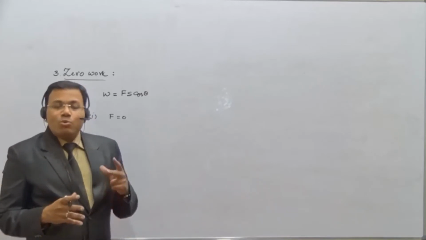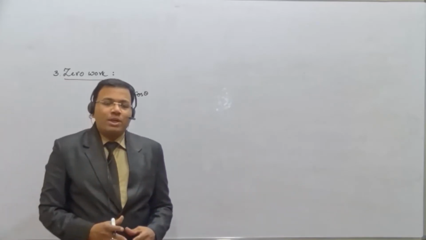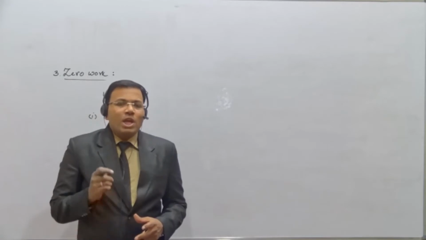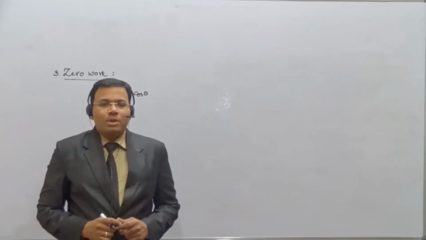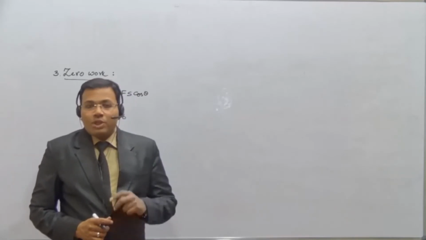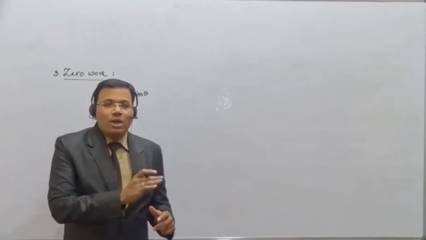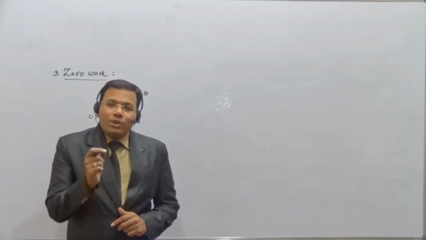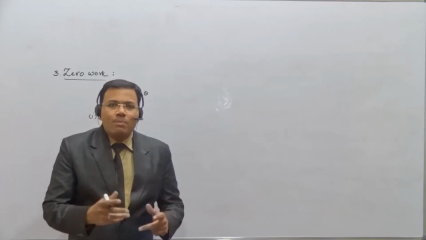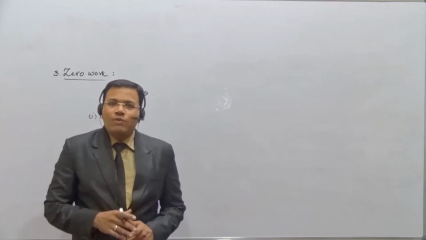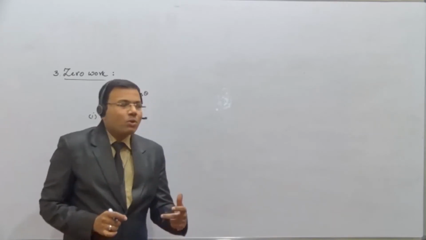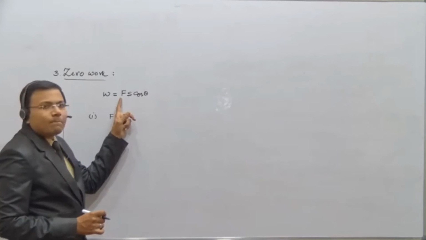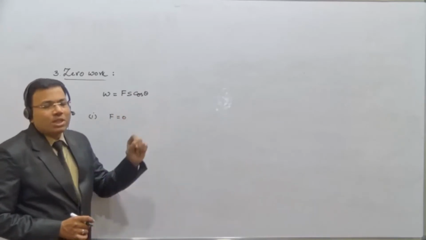Even for smooth surfaces, keep in mind, students, there is no force required to keep the body in motion. For a smooth surface, the body will keep on continuing by itself. So even though the displacement is there, we are not applying any force. So when the force is 0, the work done is 0. Mathematically, F is 0, and 0 into something is 0.